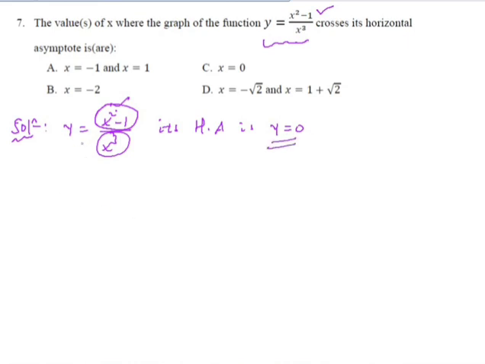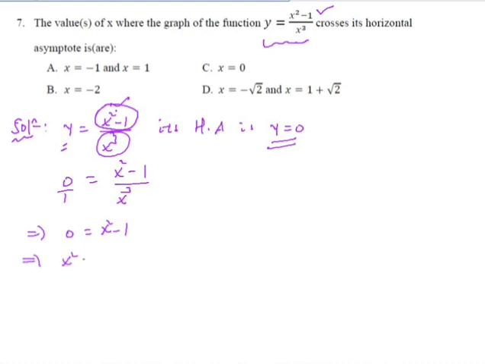We are asked for the point at which the function and the horizontal asymptote intersect. So we need to make y 0: 0 equals x squared minus 1 over x cubed. You can cross-multiply. So 0 times x cubed is 0, equals x squared minus 1.